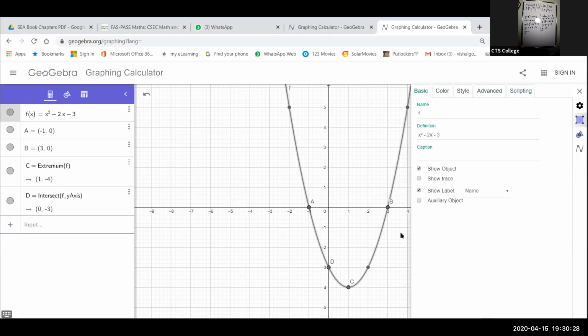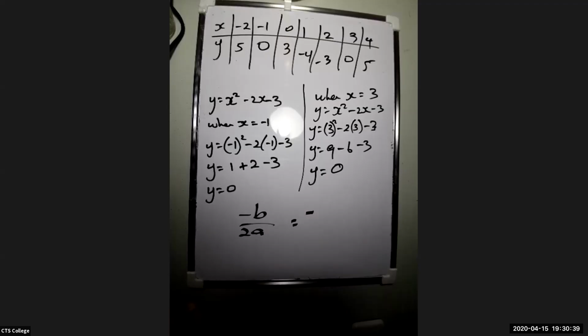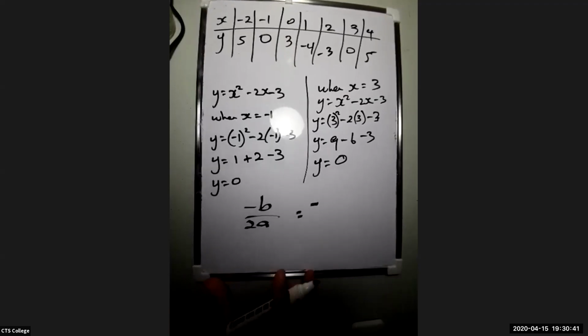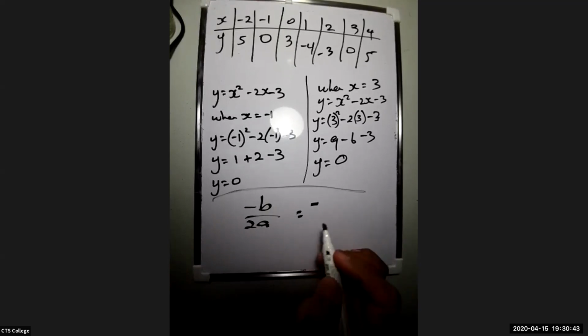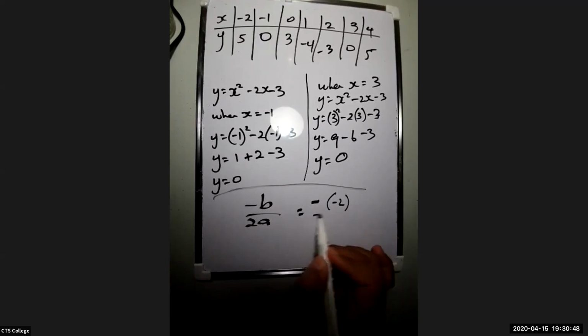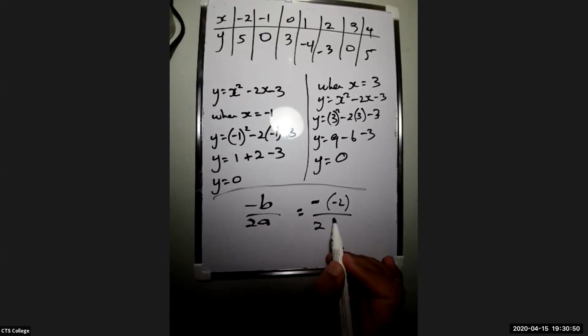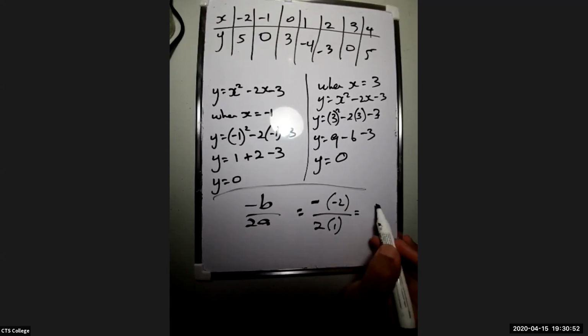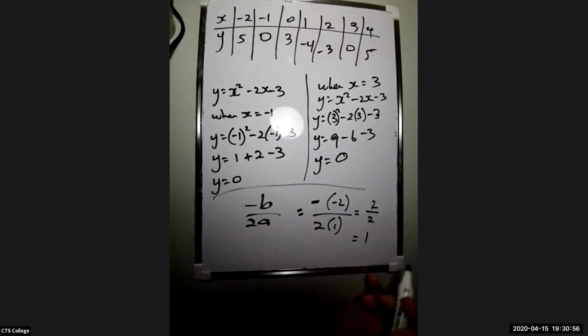But okay, let's just determine the line of symmetry. Remember, the line of symmetry is minus b all over 2a, right? So it's minus negative 2 all over 2, and the value of a is 1. So this is positive 2 all over 2. So the line of symmetry is x equals 1. Okay, people?